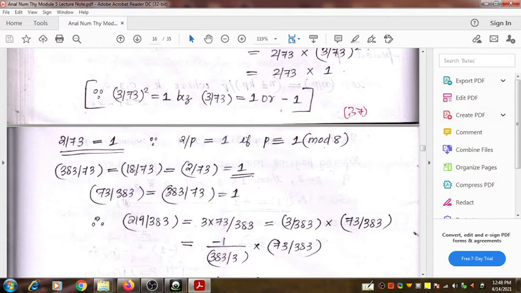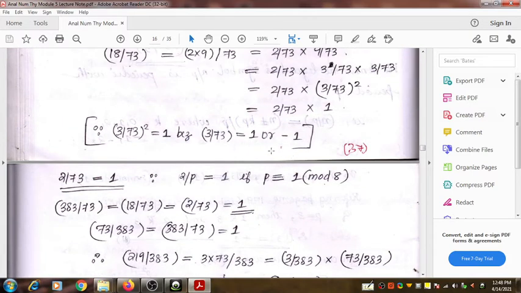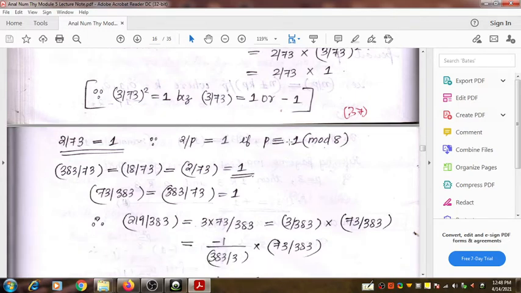In this case you can verify that the number p equals 73. 73 minus 1 equals 72, and 72 is 9 into 8, so 72 can be divided by 8, and therefore p is congruent to plus 1 mod 8.